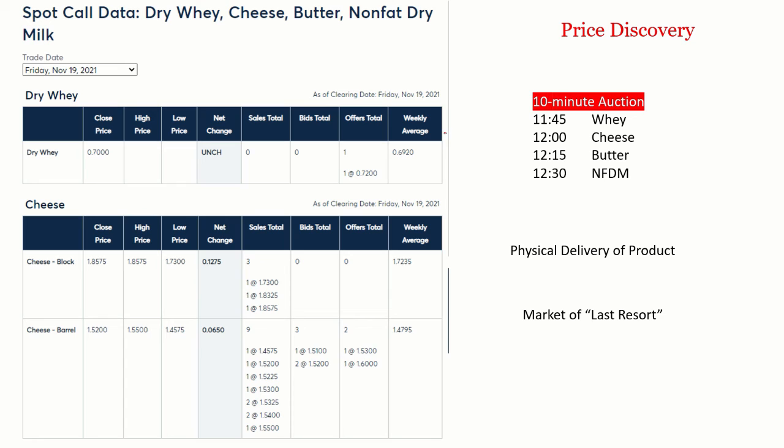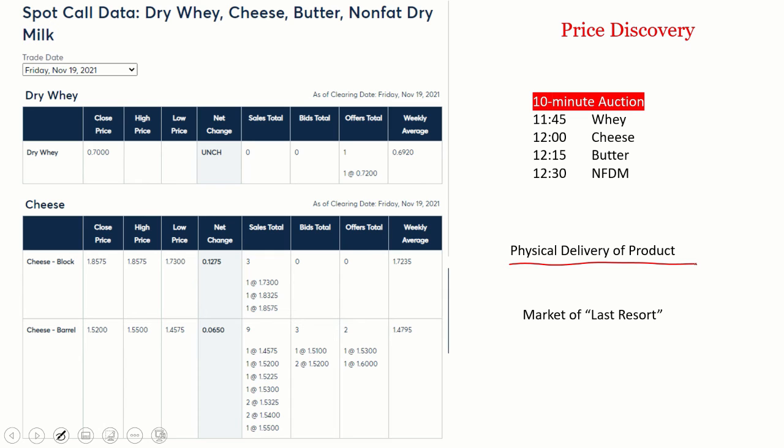Another piece of price discovery is what is called the spot market. The spot market happens basically every day, and it is an actual auction. The important thing about the spot market is that it is physical delivery of product. If you buy a load of cheese on the spot market, you can expect it to show up this next week.